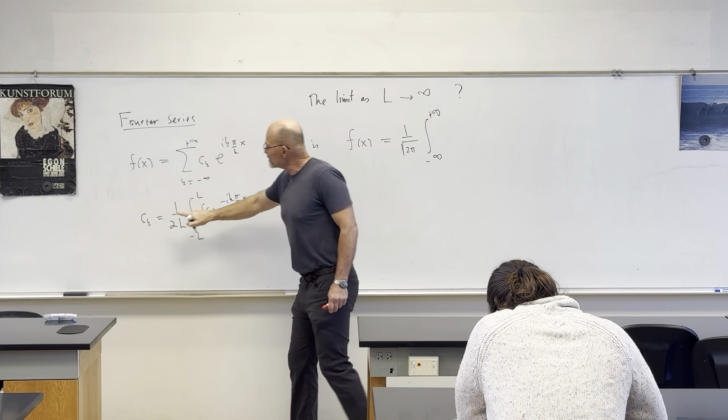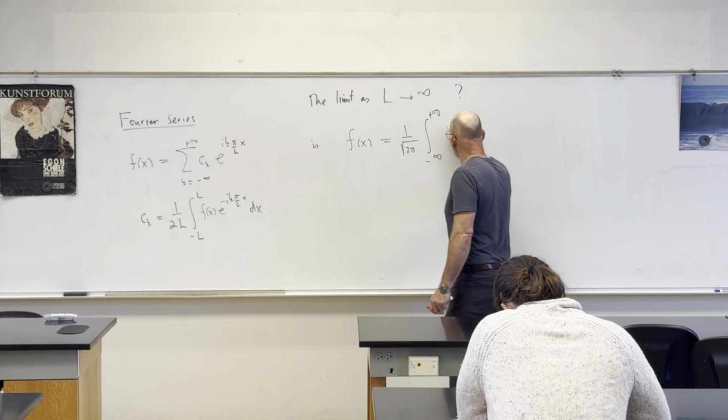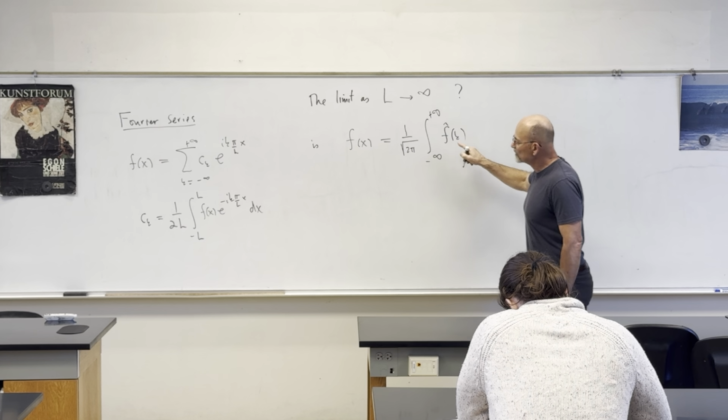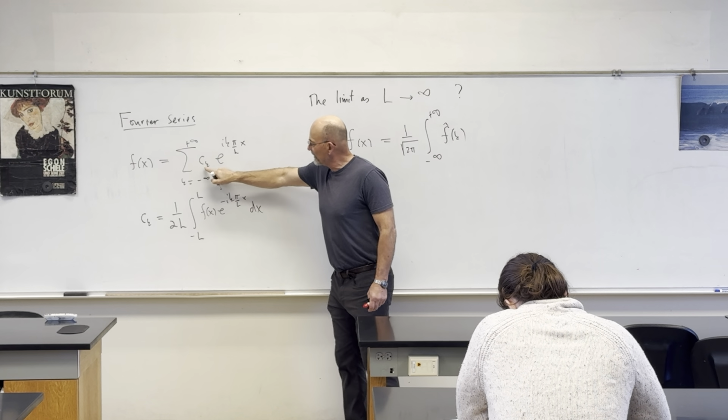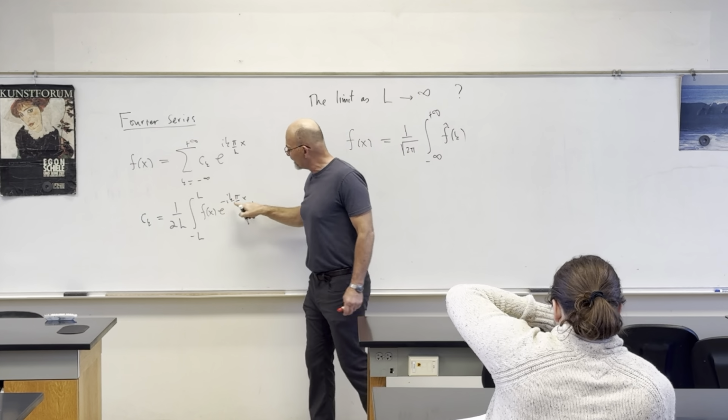The coefficients are turned into something we're going to call f hat of k. They're still functions of k, just as the c sub k were dependent on k as well. e to the i k x dk.